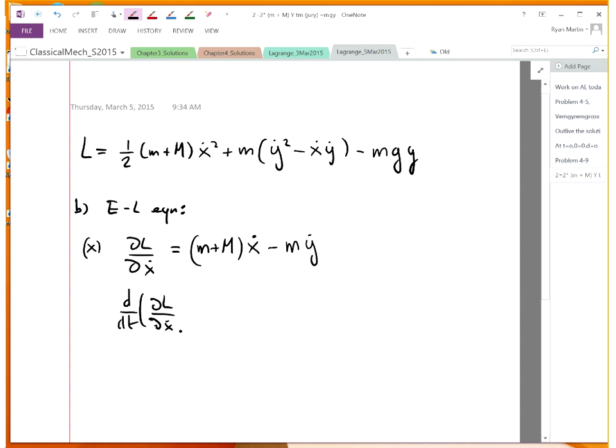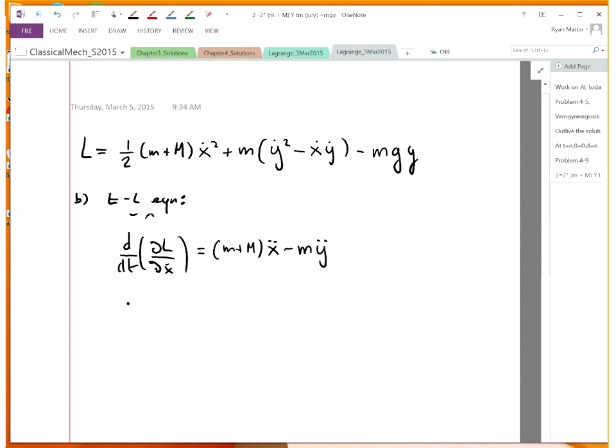The masses are constant, so d by dt of the first term gives m plus capital M x double dot, and the second term gives minus m y double dot.